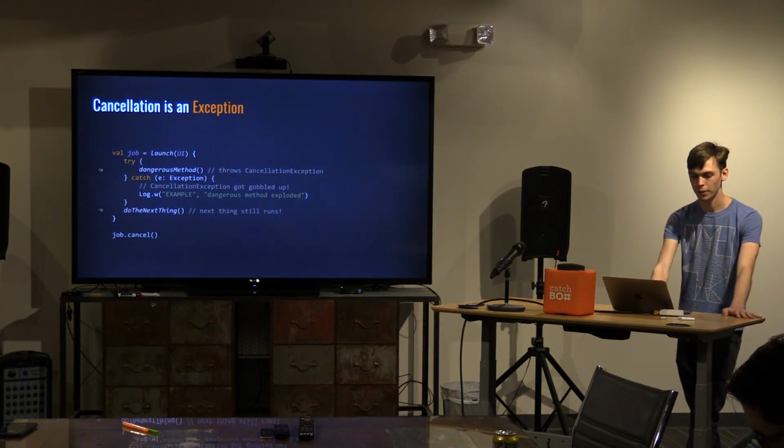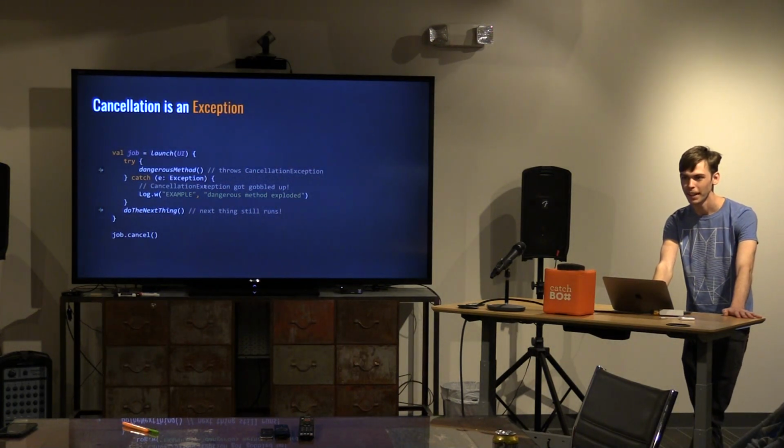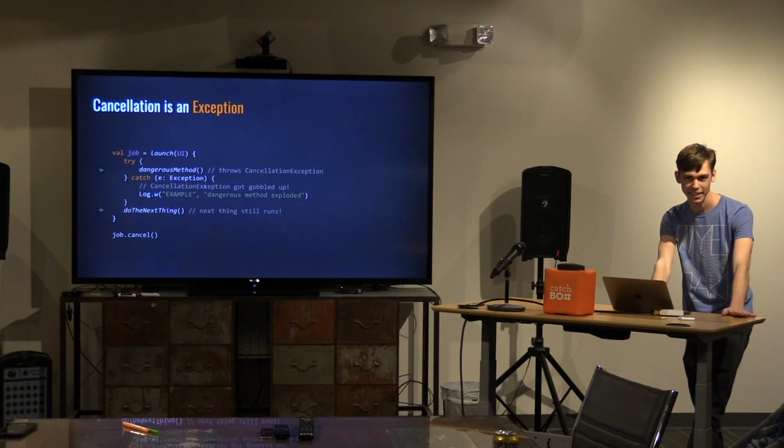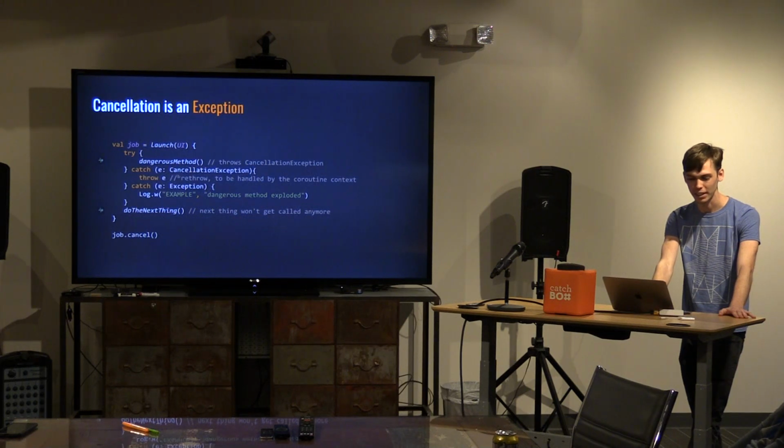So if you do something like this where you catch an exception, you've just caught your cancellation exception and your coroutine keeps running even though you called cancel. So that's a little tricky. Instead, catch cancellation exceptions, or be more particular about the exceptions that you catch.